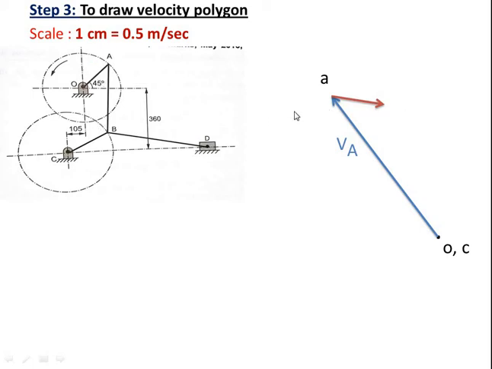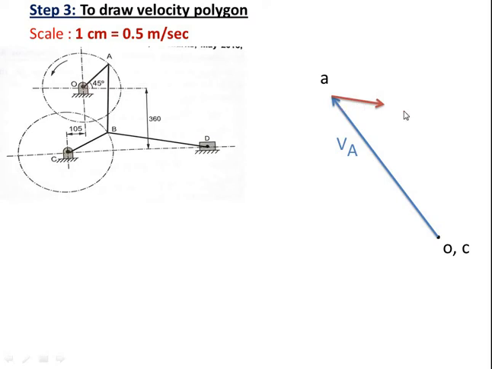Now here you might have questioned why to draw in this direction and why not in this direction. So you can draw just a line and keep it as it is. Actually, when this rotates in the anti-clockwise sense, AB will rotate towards the right. So that's why this velocity vector is towards the right.